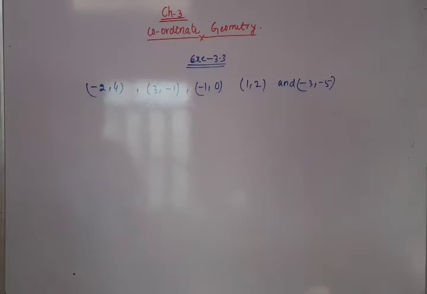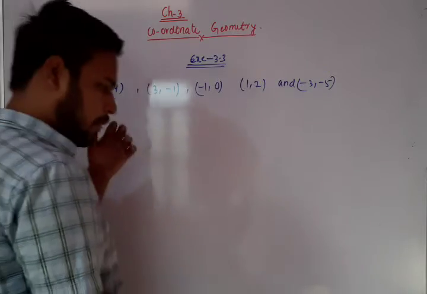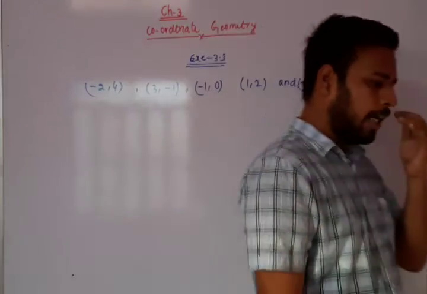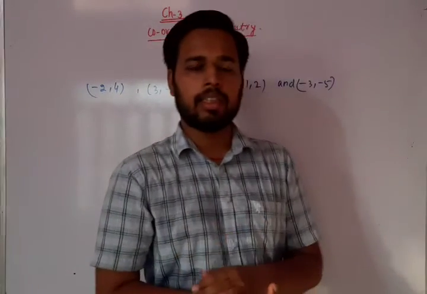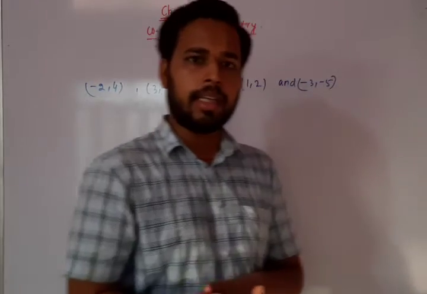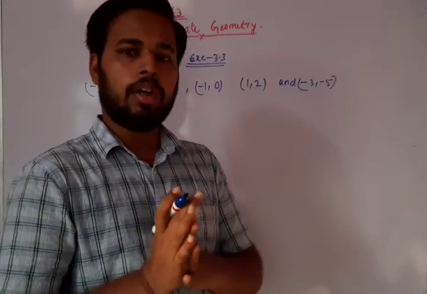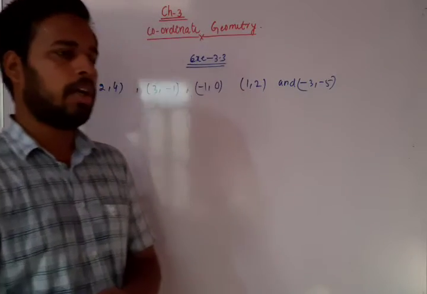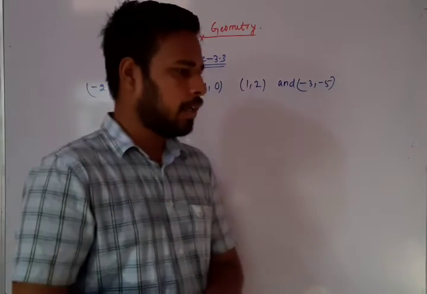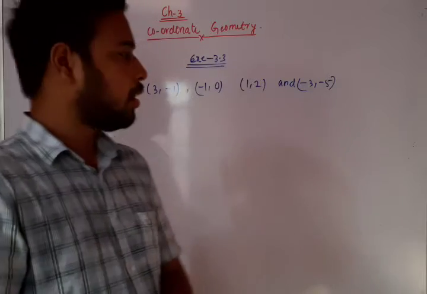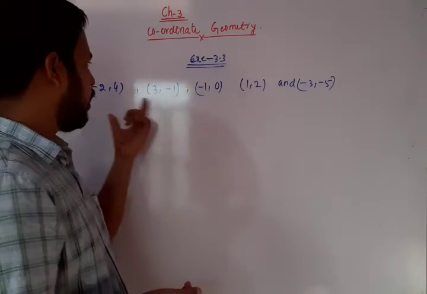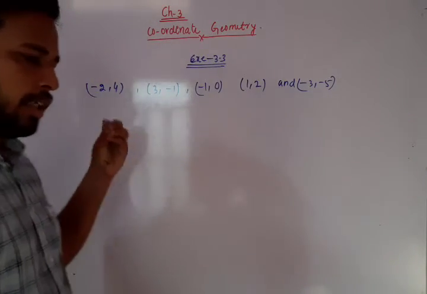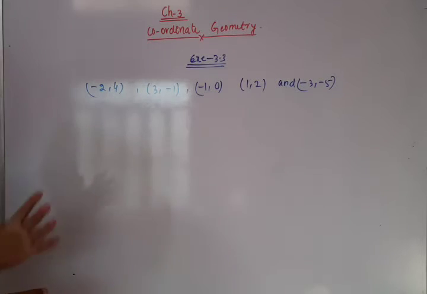Now we have to tell which quadrant each point lies in, and you have to verify also. In verifying, we have to indicate these points on graph paper. I am explaining here where each point will lie, and the other part you do by yourself.